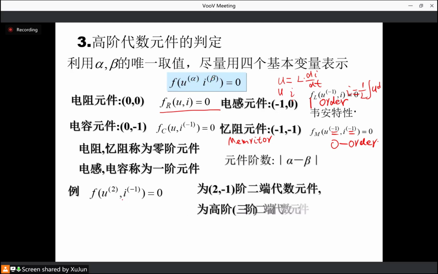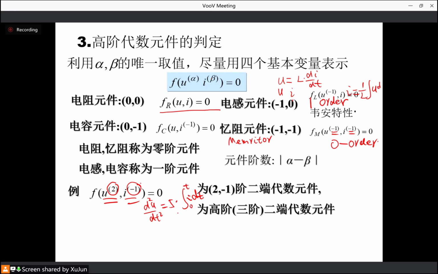For this component, it will be a third-order component. The voltage order and current order may be like this form. For example, d²u/dt² equals 5 multiplied by the first-order integral of I from 0 to t.